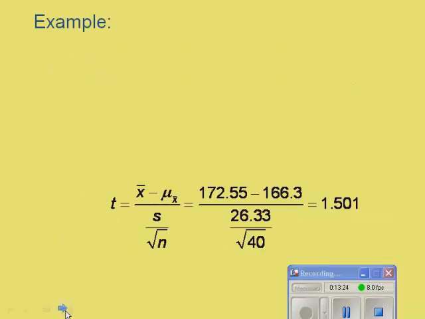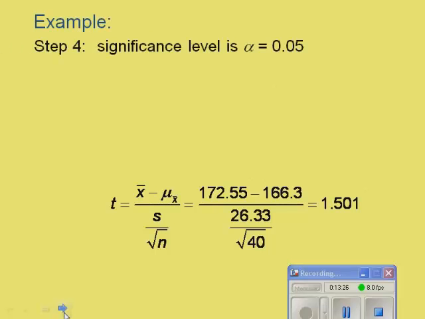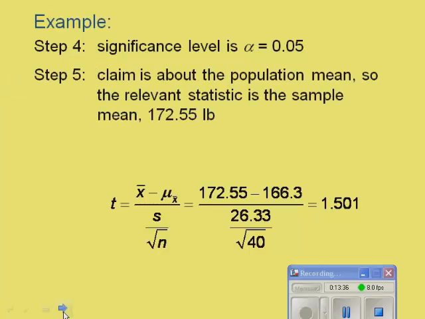You guys are getting this. It's kind of fun to watch. Example. Step 4. They just put this here because they didn't know how to make it disappear. I told you, this is from the book. So the significance level is alpha is 5%. The claim is about the population mean, so the relevant statistic is the sample mean. Did they give you the sample mean, or did you have to compute it? Oh, they gave it to me, right? That's X bar.